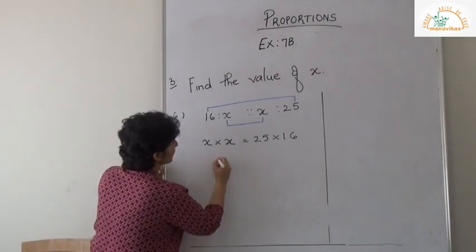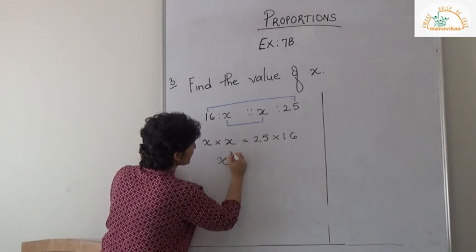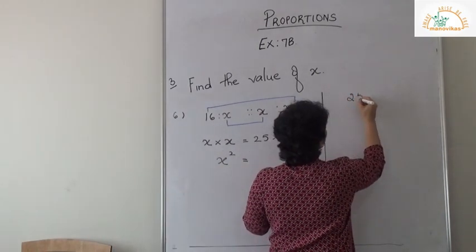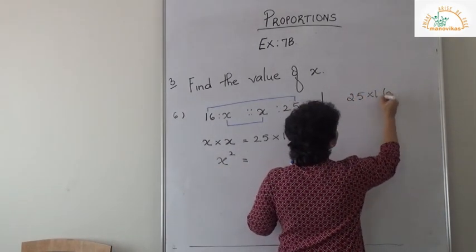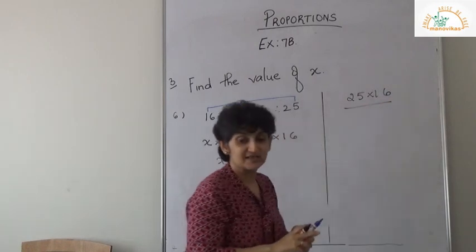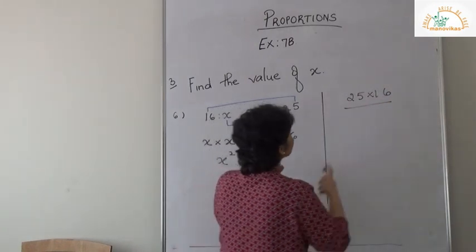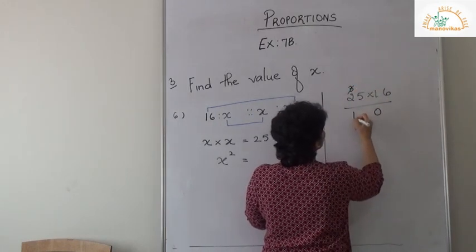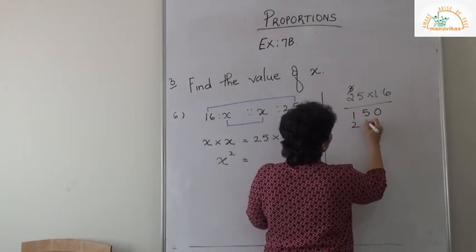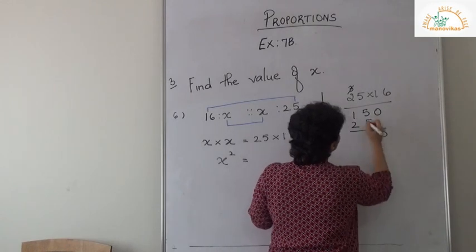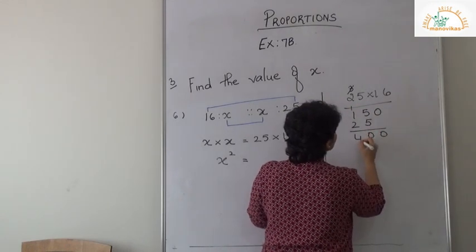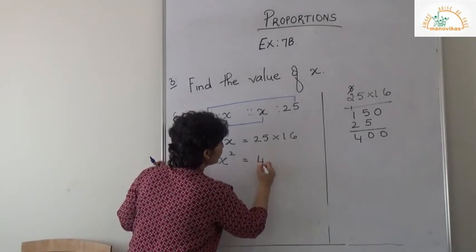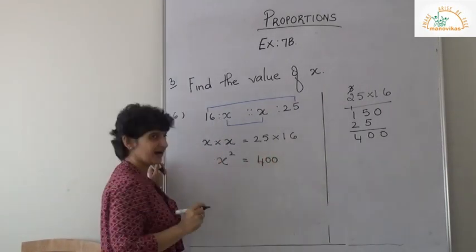X into x gives me x squared is equal to 25 into 16. Now 6 5s are 30. 6 2s are 12 plus 3 is 15 and I get 25, 0. This is 400. Now I know x squared is equal to 400.